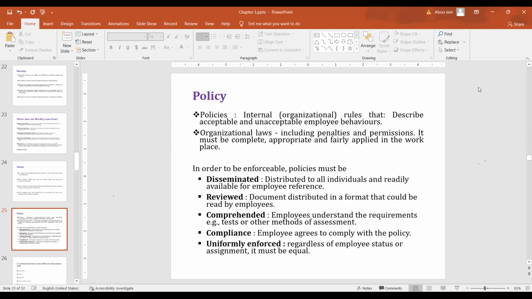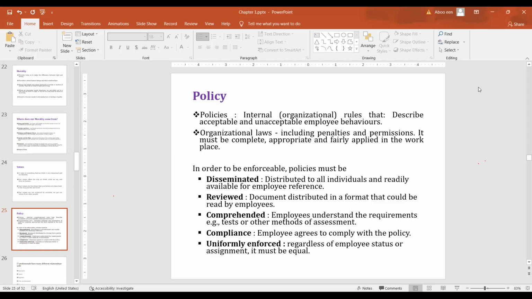So when you take an organization, internal rules of that particular organization that describe acceptable and unacceptable employee behaviors inside their organizations. So basically for an organization, policies are the internal rules that describe acceptable and unacceptable behaviors of an employee inside their organizations.